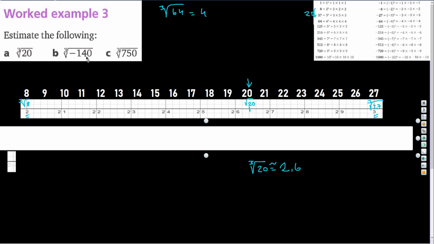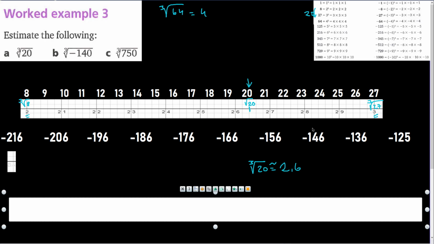Okay. Now I'm going to solve this question for minus 140. I wrote the numbers between minus 125 and minus 216, because minus 140 is between minus 125 and minus 216.